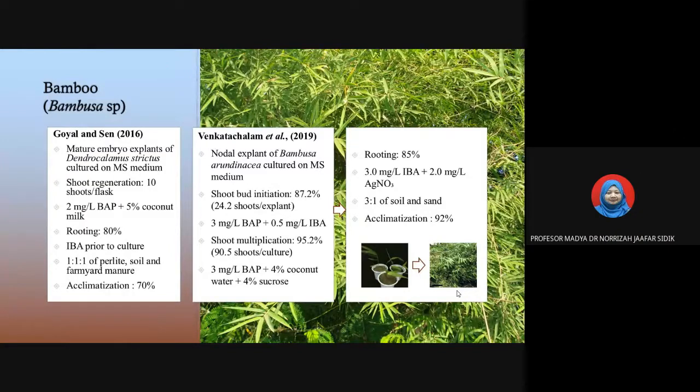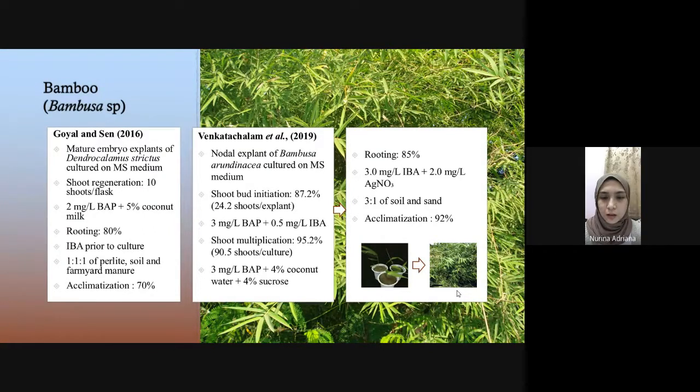So it is a different species, right? Yes. And it is also different. Okay, for Bambusa, how many reviews did you compare? Three. Only three. For each species, I use three journals.